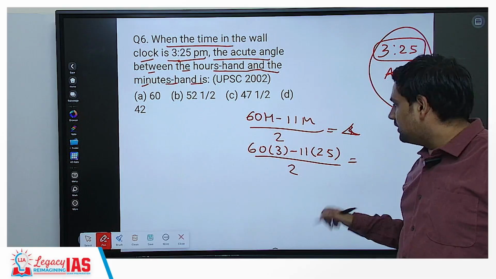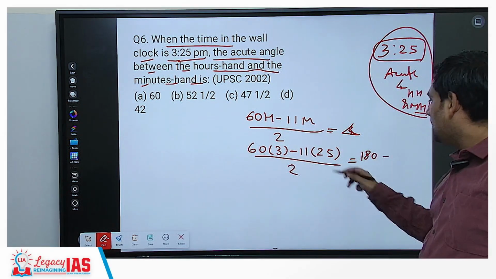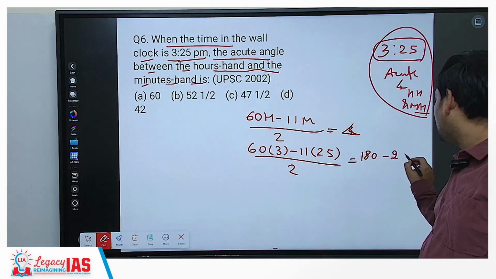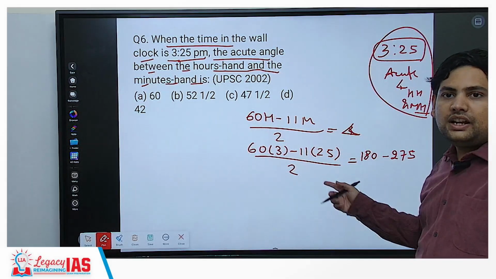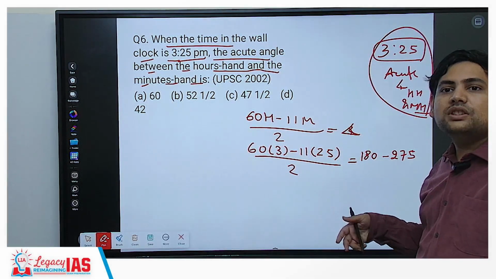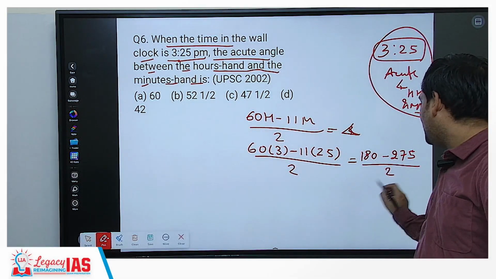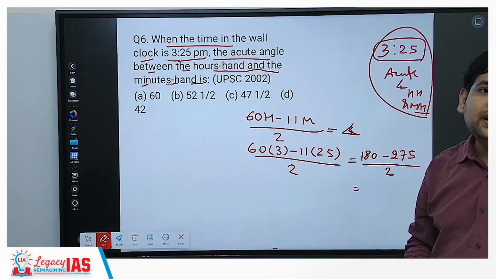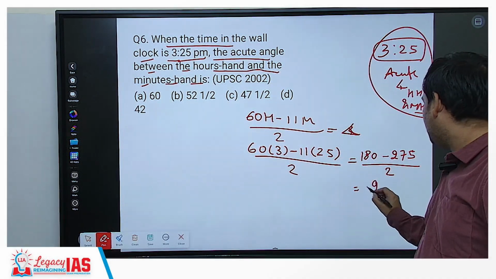You solve this, and you will get only one angle because the acute angle is asked. Let's just find it first. This will be 180 minus 25 into 11, which is 275, since 25 into 10 is 250 and 25 more. Then divided by 2. 180 minus 275 is minus 95.